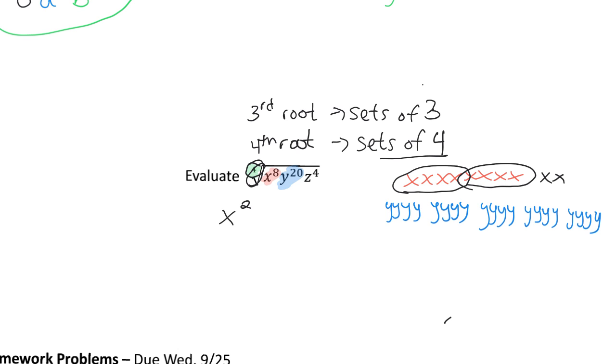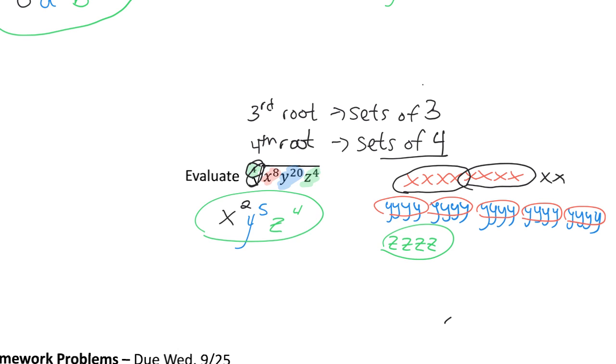Okay, so now I see I have 5 groups of 4. So I have y to the 5th. The last one I have is my z. How many groups of 4 do I have? I just have 1. So it's going to be z to the 4th. And that's going to be my answer.